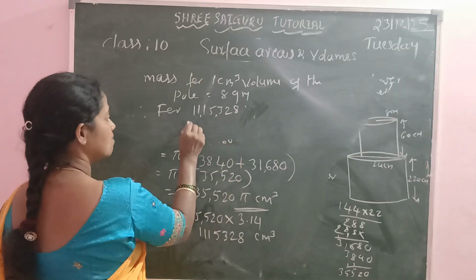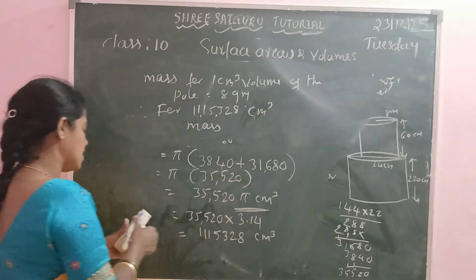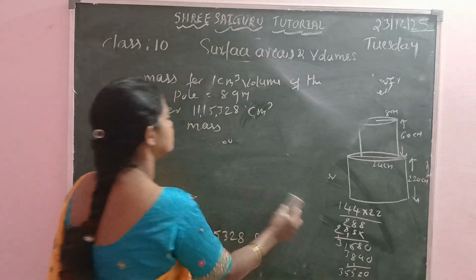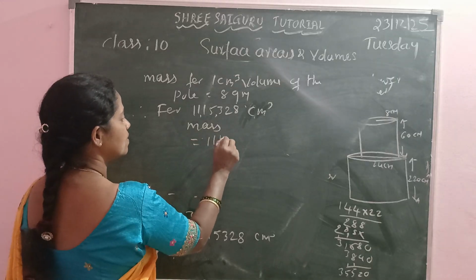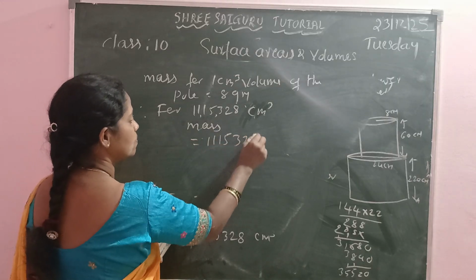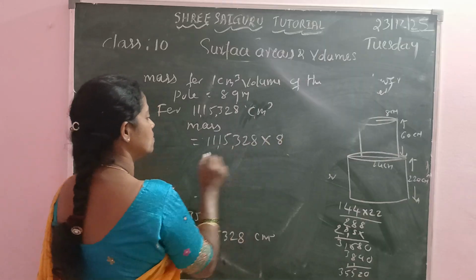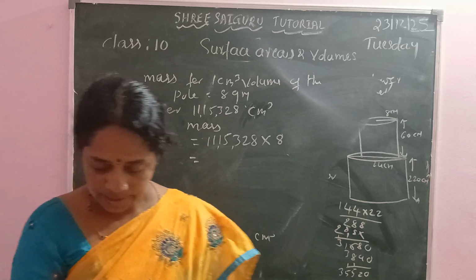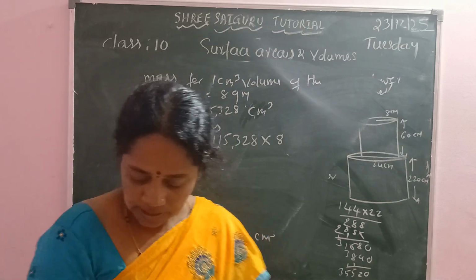The mass is equal to 1115328 into 8. That gives 892160.